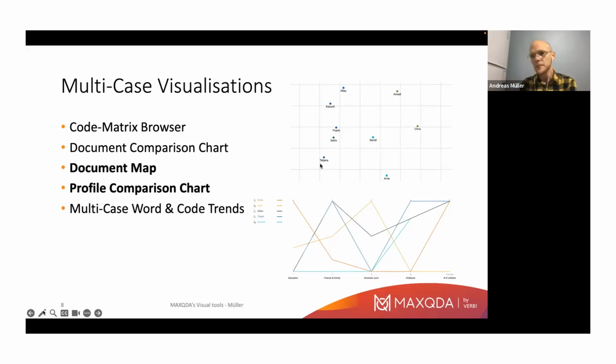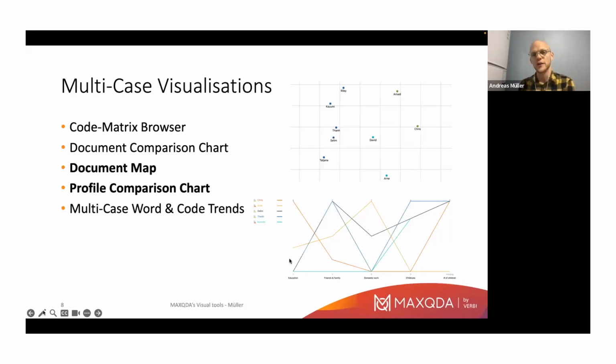But in the end, it comes down to understanding, okay, these four documents here are somehow similar in the codes that they address. You could follow this up, for example, with the code metrics browser or the document comparison chart to better understand in what sense they are similar. But it is, in its essence, a cluster analysis.